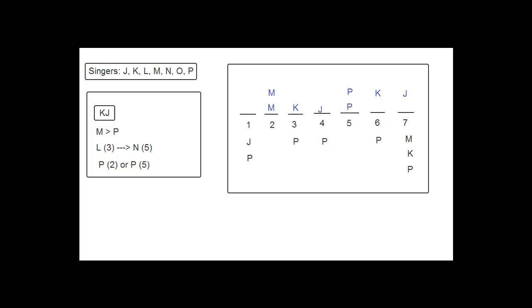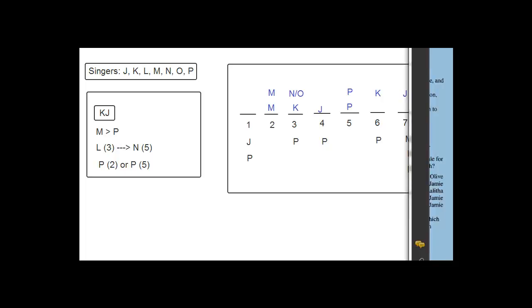So let's say that L can't go in third, which means that it has to be either N or O. Aside from that, it looks like the other spots, 1 and 4, could be either L, N, or O. So that looks like it's as far as we can take the setup here.